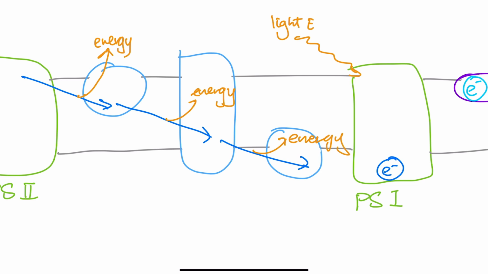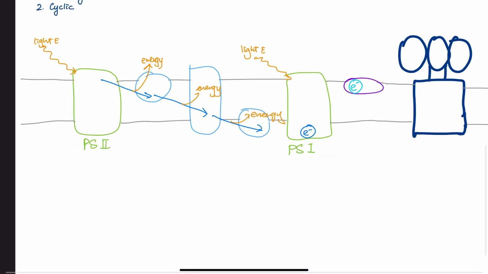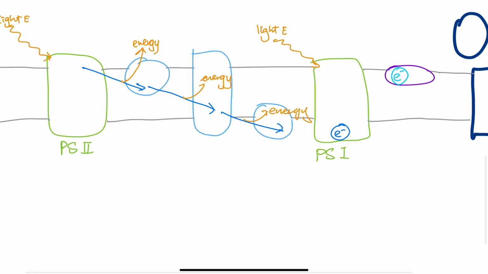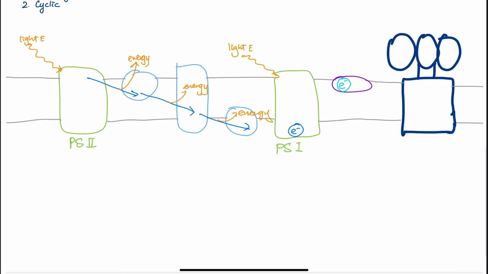And this energy is not just wasted into the surroundings. It actually does one thing. That is, it moves the hydrogen ions out. Wait, is it out? Let me just double check.